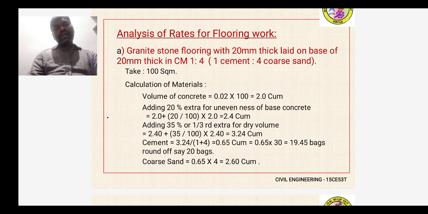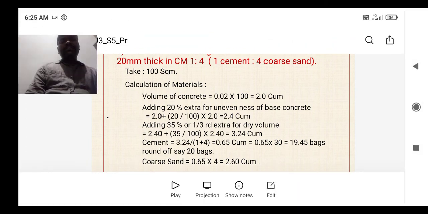0.02 into 100 is equal to 2 cubic meters. Adding 20% extra for unevenness of base course: 2 plus 20% of 2 cubic meters is equal to 2.4 cubic meters.